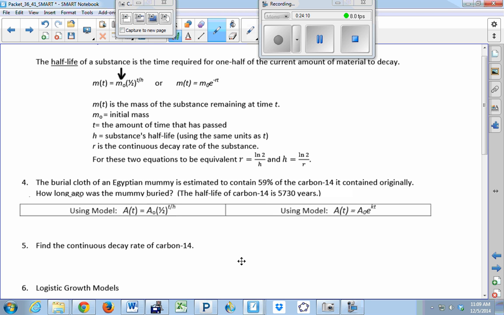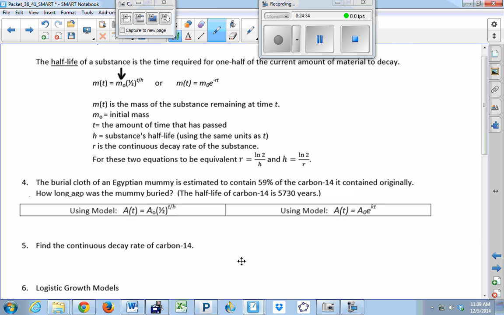I'll have to go talk to some of the scientists in the science department and see if they have any examples of it. But half-life and carbon-14 dating is probably the example you see the most in math classes or in some of your science classes for exponential decay.